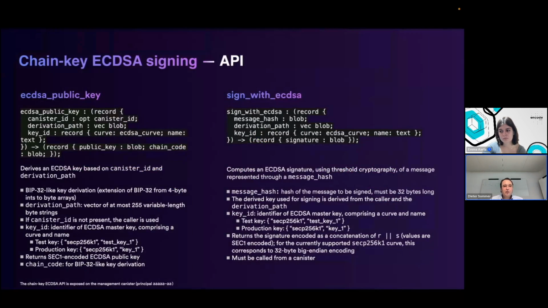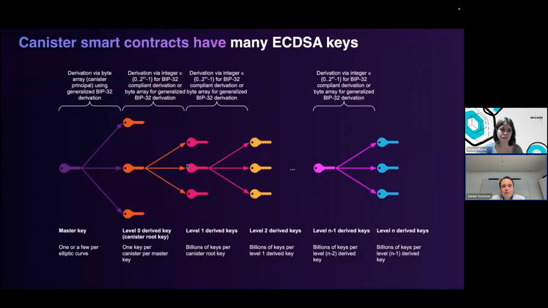Now let's have a more detailed look at the API of Chain-key ECDSA signing. There are these 2 functions I already mentioned, ECDSA public key and sign with ECDSA. Let's look at the left one first. ECDSA public key has 3 parameters. First, the canister ID. This is optional. If it's left out, the calling canister is assumed for the canister ID. The second one is the derivation path that defines the path to which key we want to get.